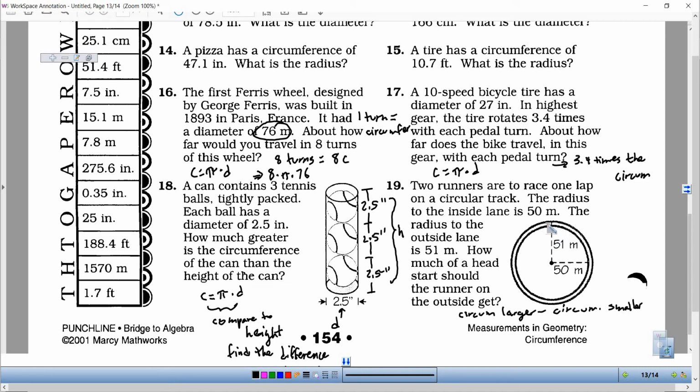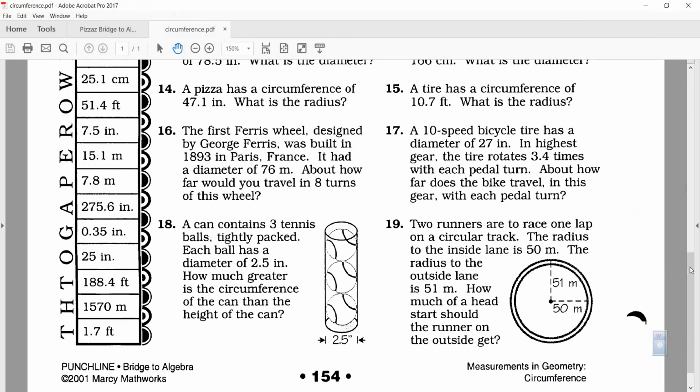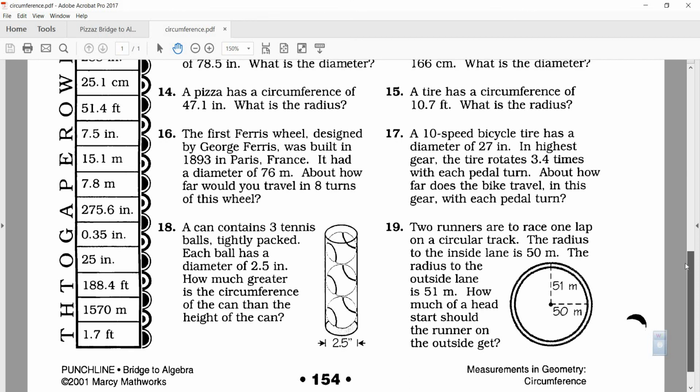So we got to give the guy who's got to run further that much of a head start. And remember, circumference with radius is pi times 2r, because they're giving us the radius, right? These are r's. These are not d's. Okay. All right. So there's how you set them up. I didn't actually do the work for you. I'm going to let you go ahead and do that.